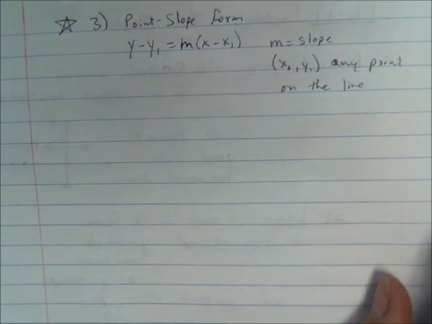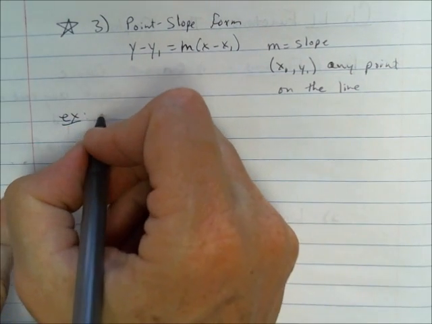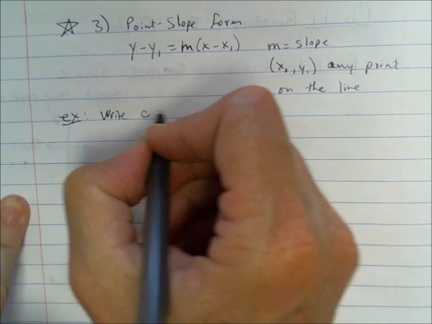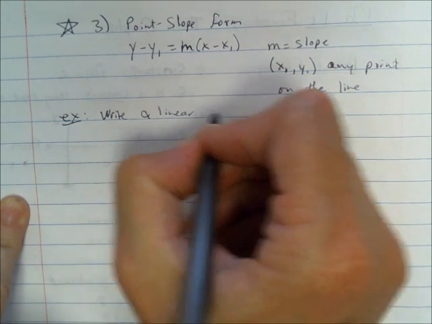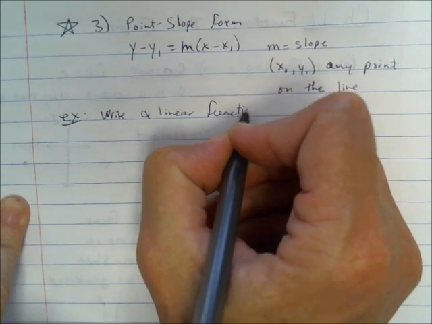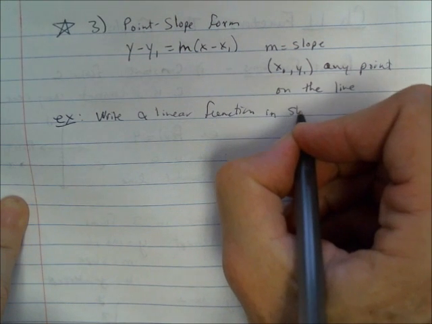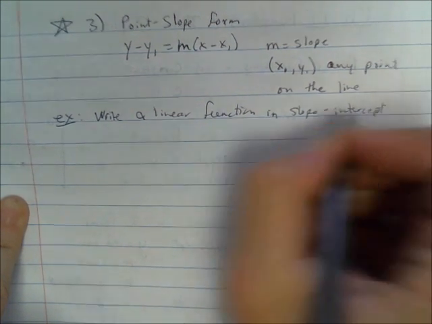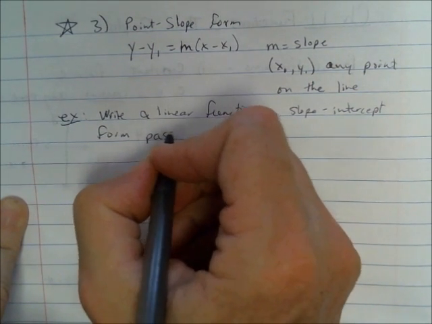You might have done this already in another math course, but since it's so important, let's go through an example. Let's say we have to write a linear function in slope-intercept form, passing through 2 points.